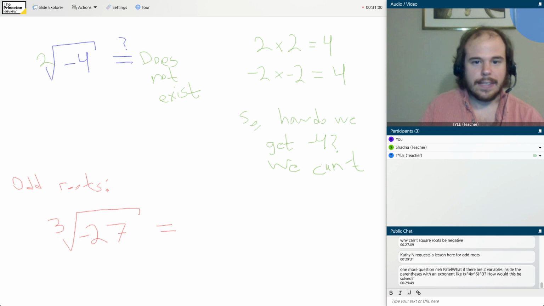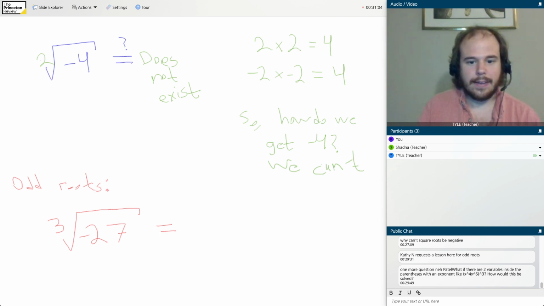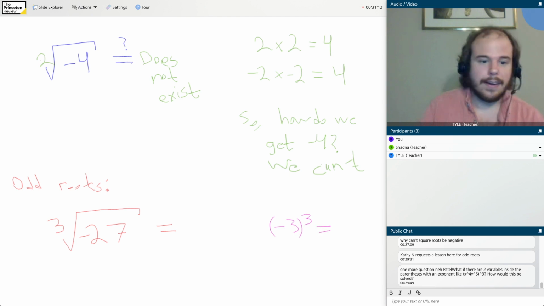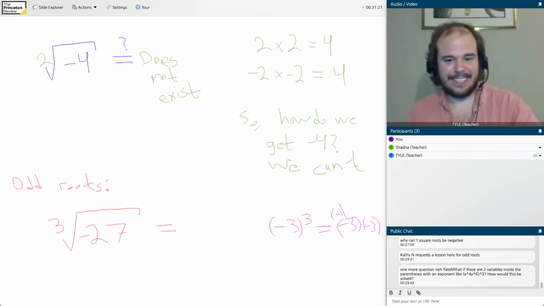Well, let's try it. Let's see, what if we had -3? Does that work? And let's say that I raise this to the third power, because if it gives me -27, then -3 is the cube root of -27. All right, so -3 times -3 times -3.